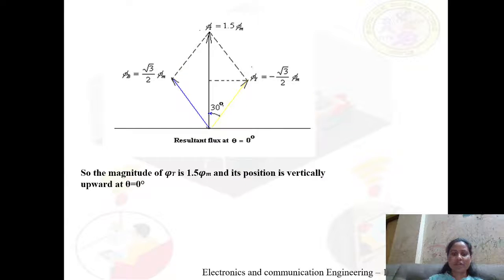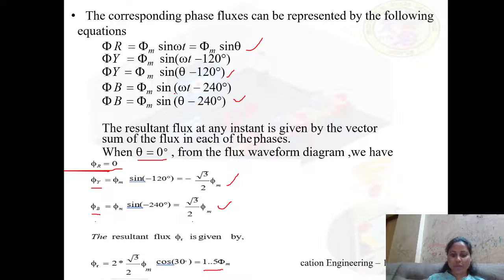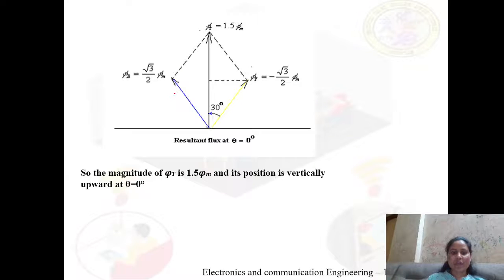So we draw minus phi y and phi b: this is minus phi y and this is positive phi b.